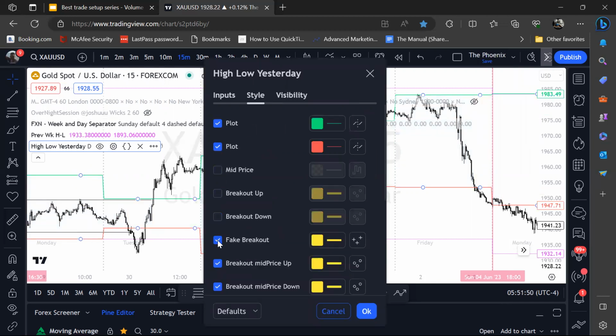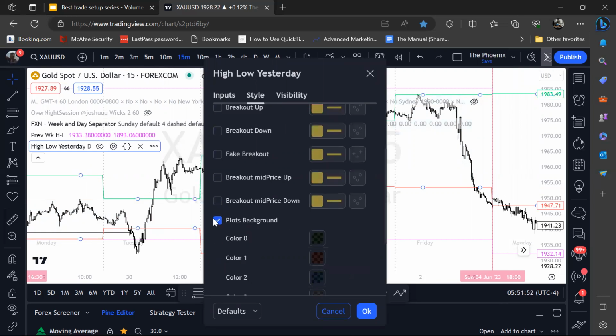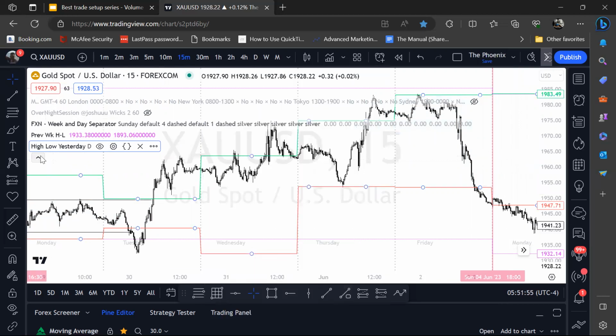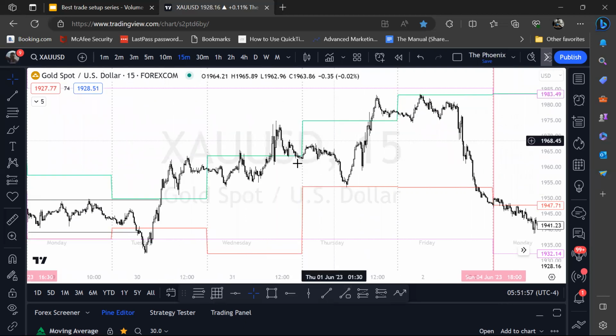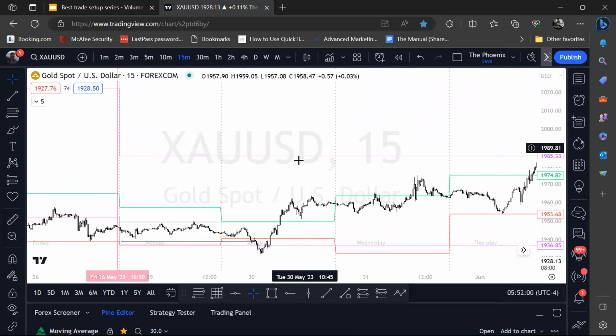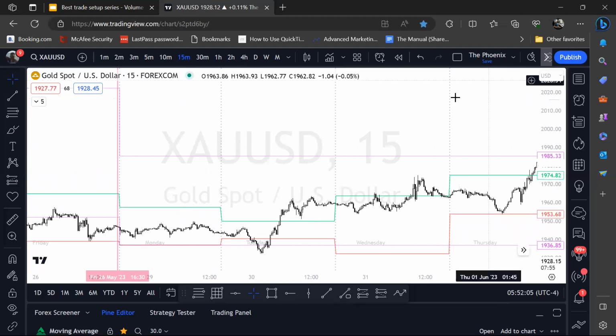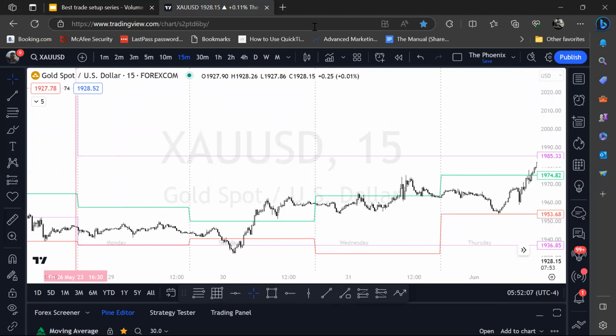Take these out. I do not need them. Okay, there we go. Let me remove these, and let me see if I can annotate to make this a little bit better. All right, so we have the high and the low of this week.